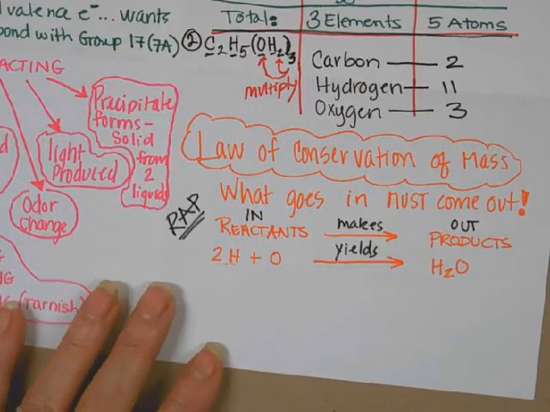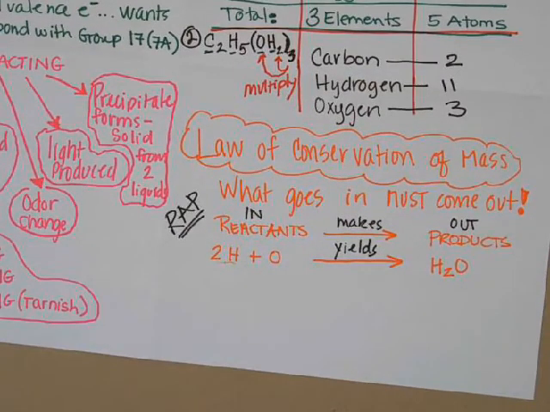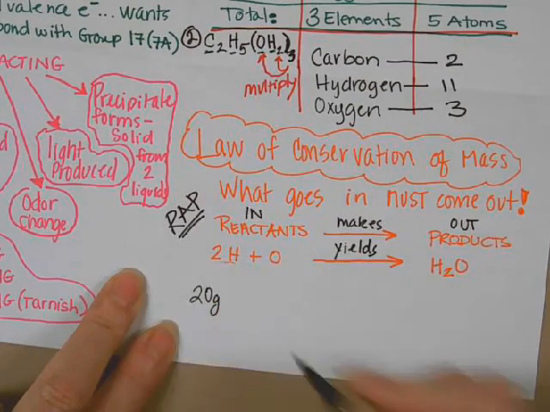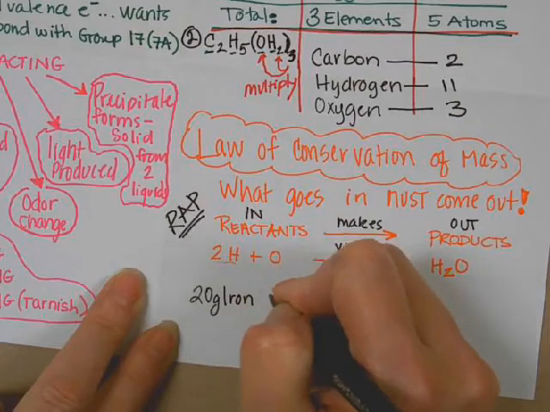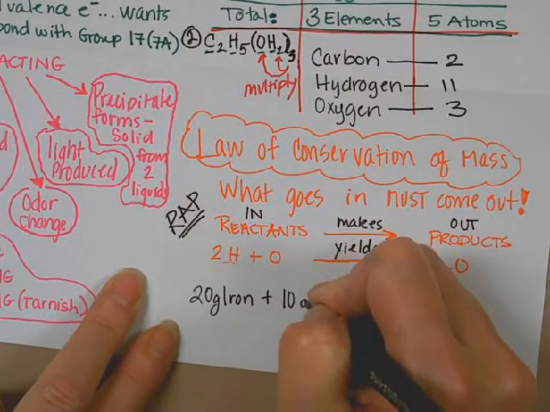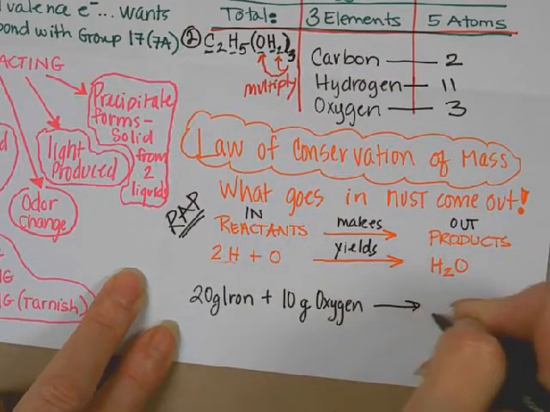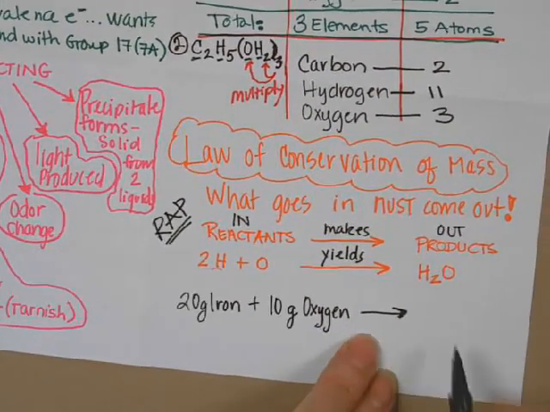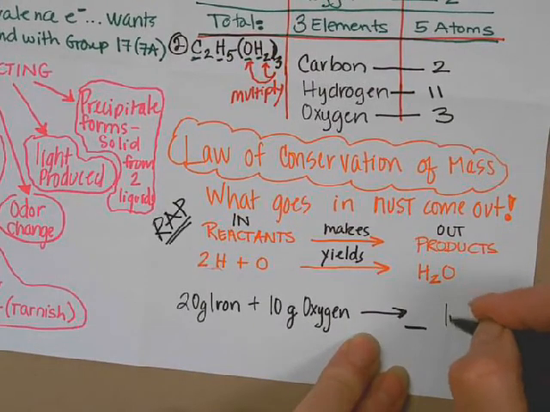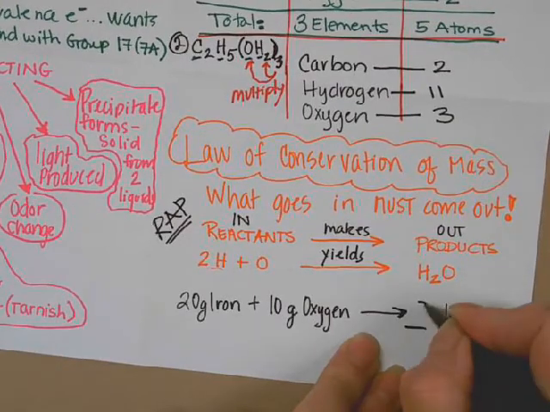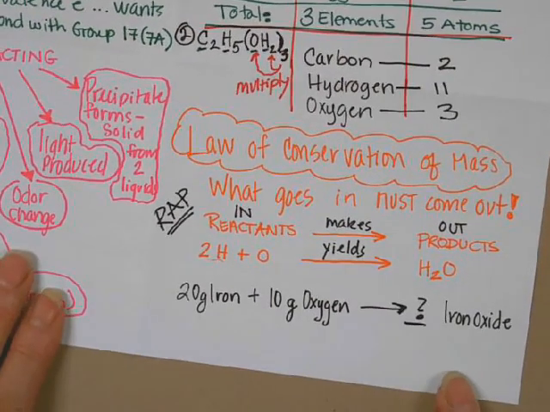Okay? So another way to look at this is, let's say I have 20 grams of iron and 10 grams of oxygen. And I want to know how much iron oxide should come out. So my question mark is right here. How much iron oxide am I going to have?